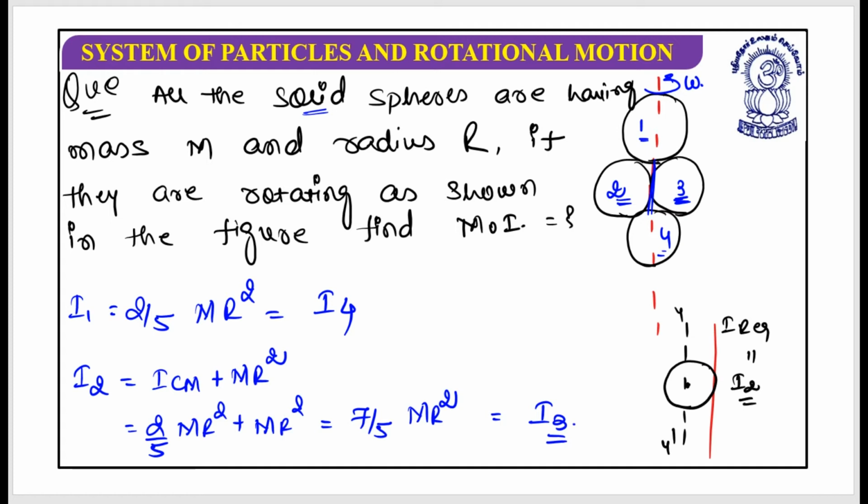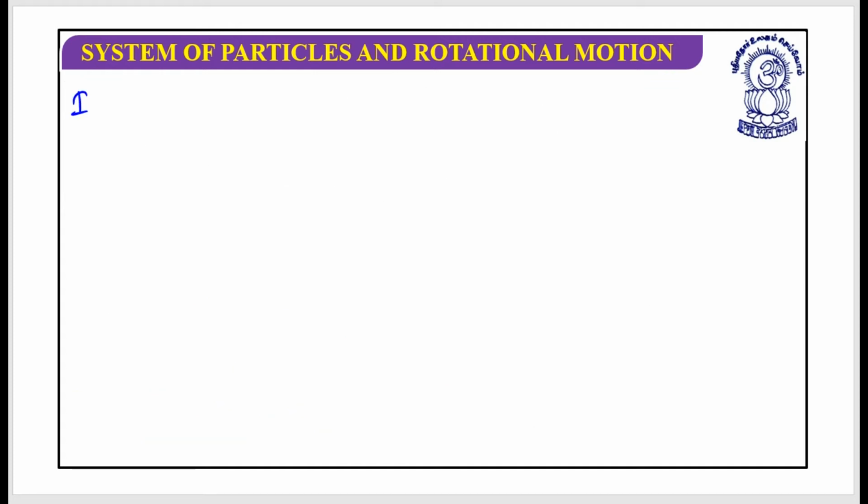Now I need to find the I total, the I of the system. It is I1 plus I2 plus I3 plus I4.